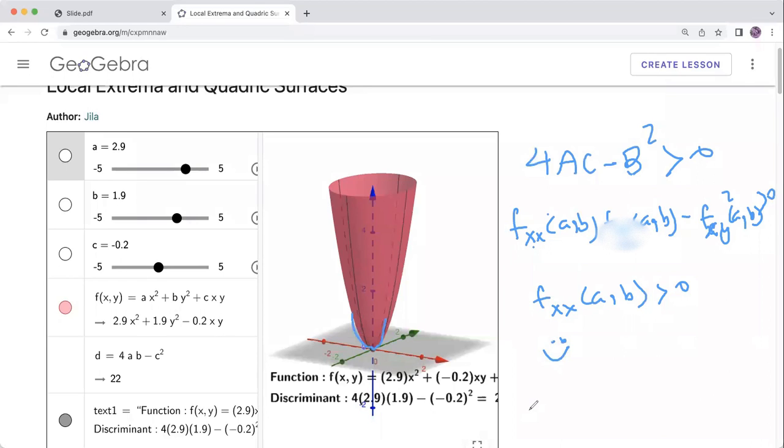So it would be concave up. And if I have a concave up, that means that I have a local min. Right? So these things actually come in handy. So that's the sort of thing that you have.